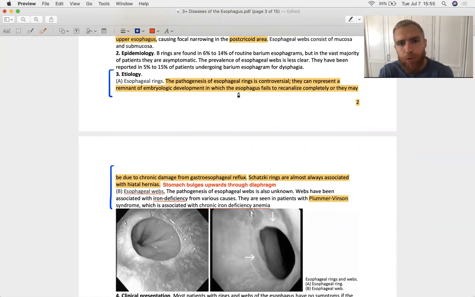An esophageal ring, the pathogenesis is controversial. You could get it because of GERD, and that might be called a stricture. And whenever you get a stricture due to acid reflux, what's happening is that acid is causing injury to the internal epithelium of your esophagus, the lining of your esophagus.